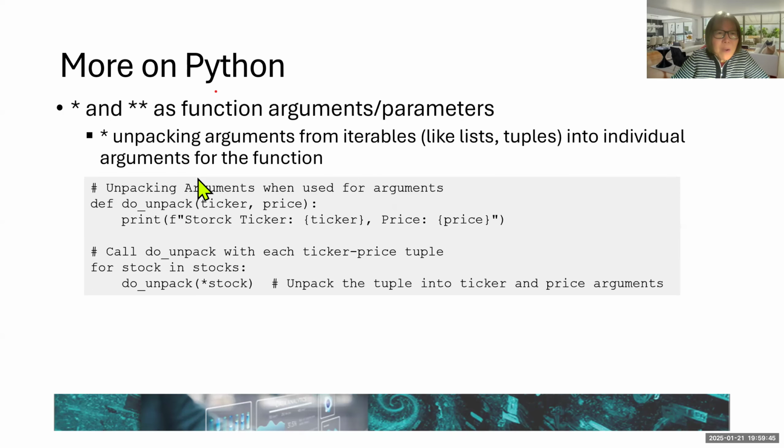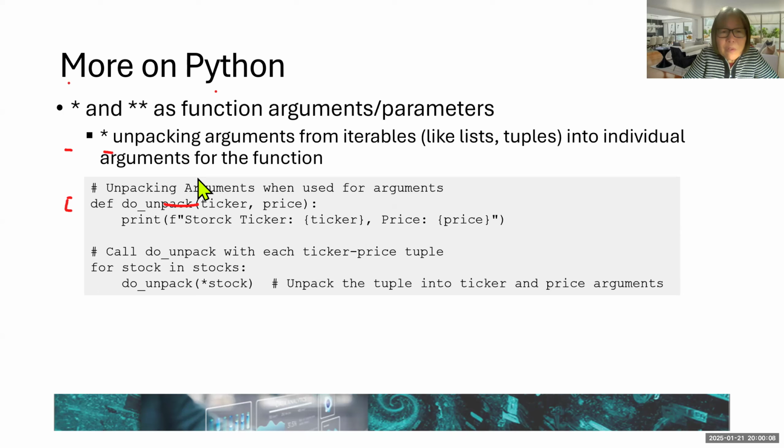Okay, the next part is also quite useful information: the single asterisk and double asterisk as a function parameter and argument. So first let's take a look. This function is pretty simple. It has two parameters, not like what we saw before.